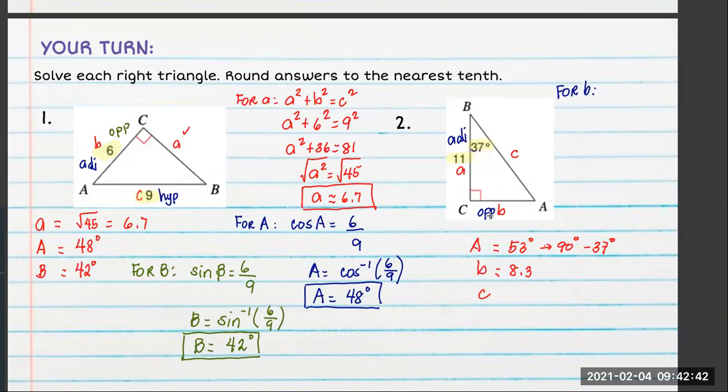So if you have opposite over adjacent, you have to use tangent. So tangent 37 is equal to the opposite side, which is B, over the adjacent side, which is 11. All right? And then when you cross multiply, you will get B equals 11 times tangent 37 degrees.